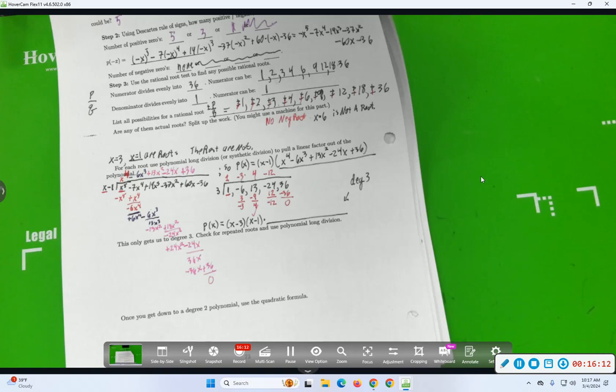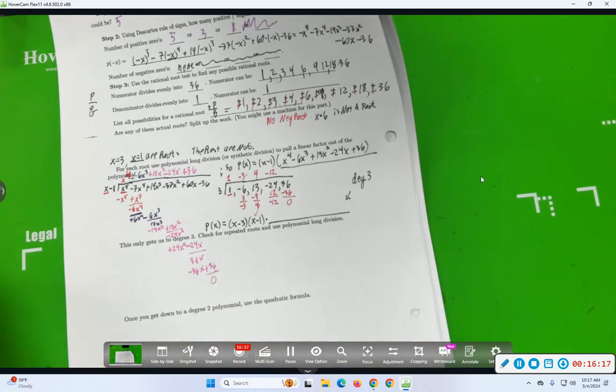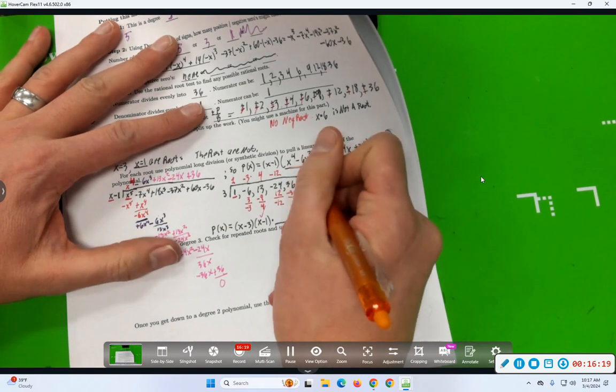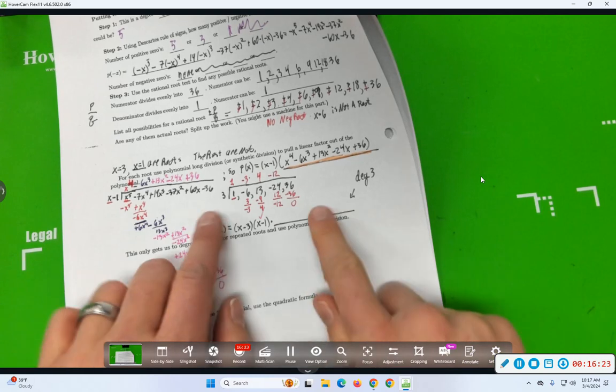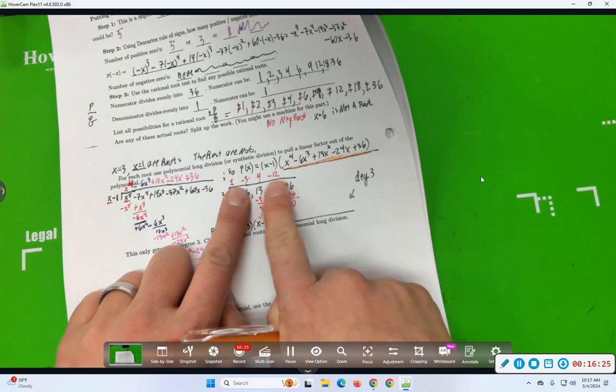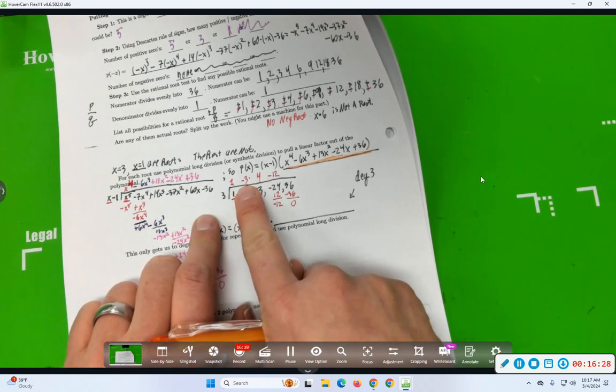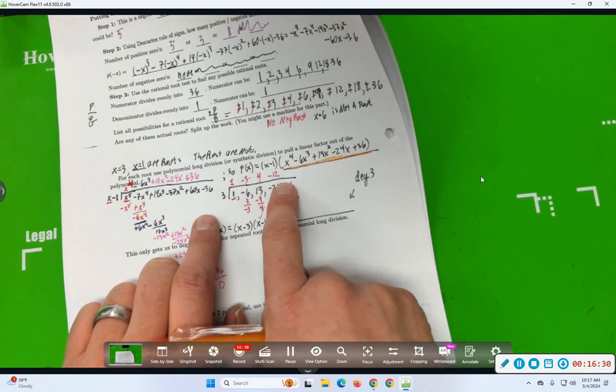All right. So let's write down the conclusion. That means that this piece, underlined in gold, factors as x minus 3 times x cubed minus 3x squared plus 4x minus 12.